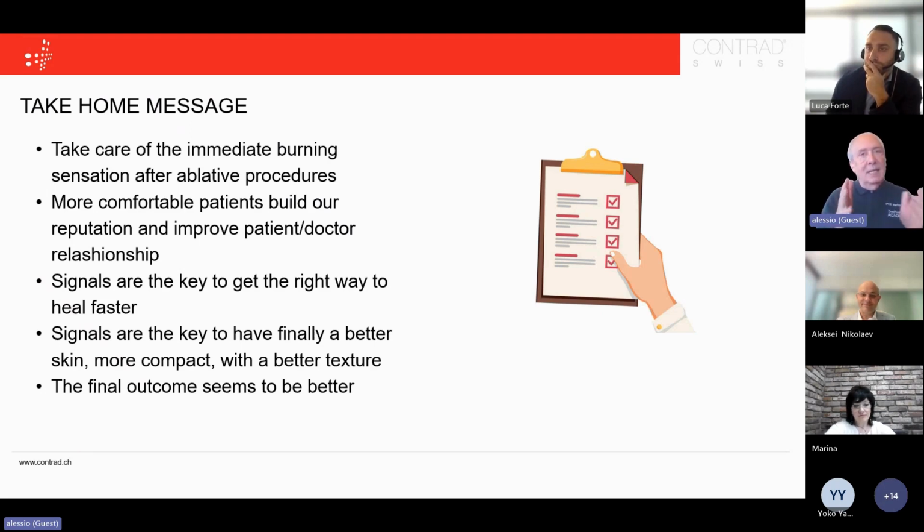The signals that you send to the skin, and especially to some particular molecules, are the key to quicker and especially better results, and are the right way to heal faster and finally have better skin, more compact in the month. So it also improves the 4th phase of wound healing, and the final outcome seems to be better.